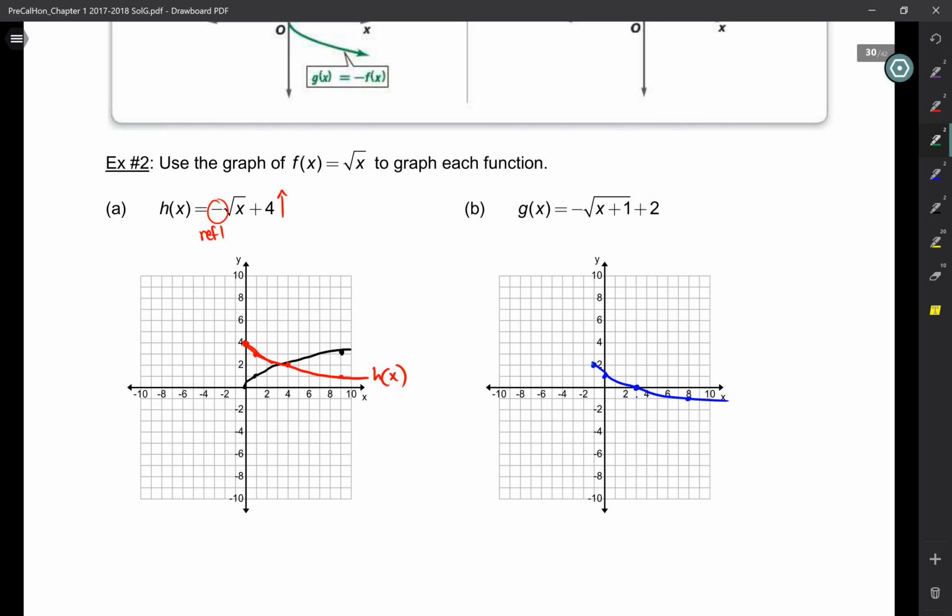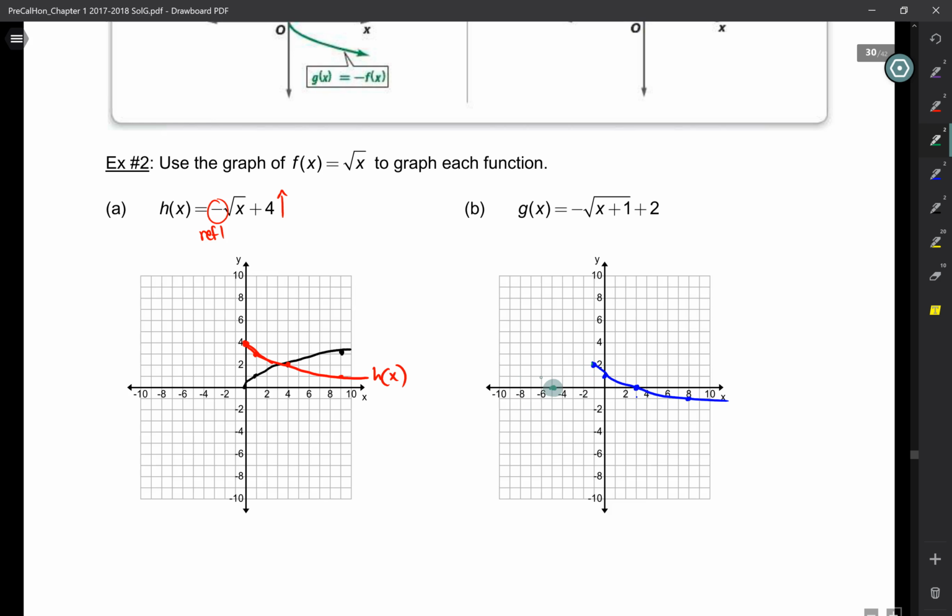If you go down, instead of going to the right, you would go to the left one. So you start from here, go to the right one, down 1. And then you go to the right 4 and down 2. You see what I mean?